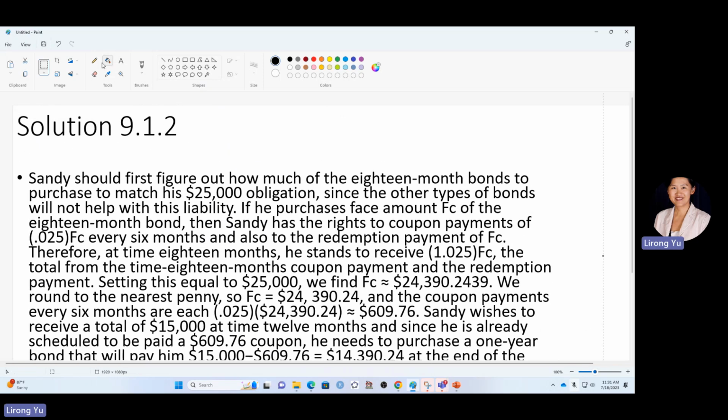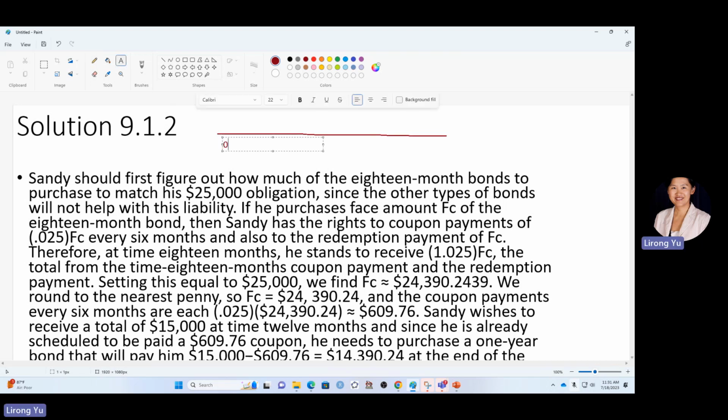With that, our timeline starts at 0, and then we have 6 months, 12 months, and then 18 months. We wish the 18 months cash flow to be 25,000, and that is equal to 1.025 of the face value.